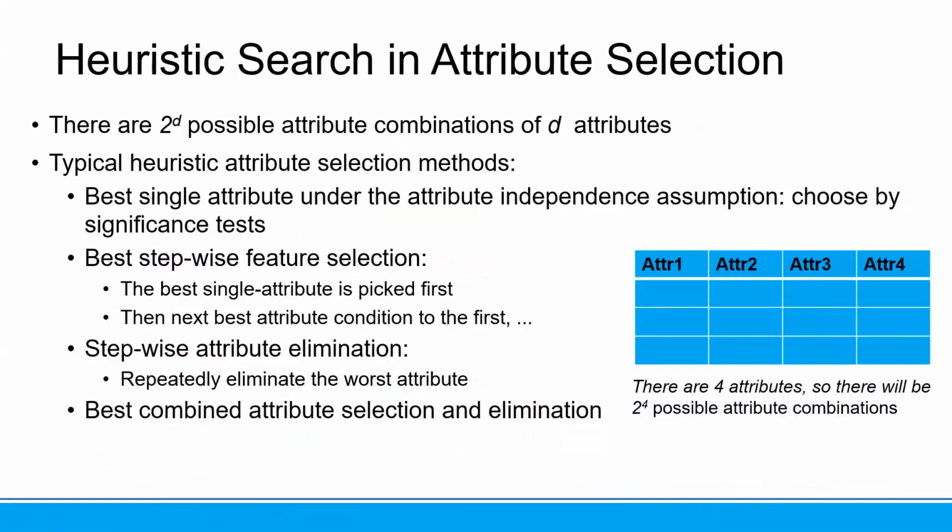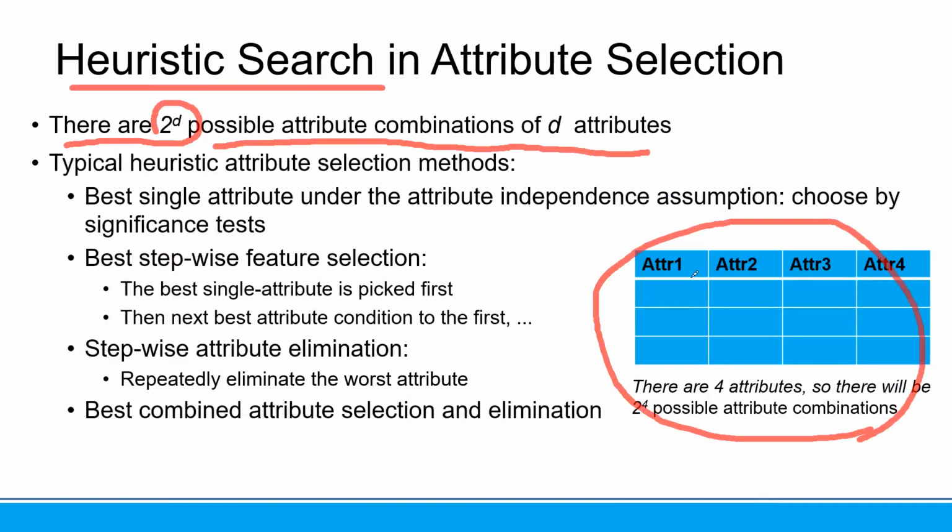We can use heuristic search. Heuristic search means we will find the combination. There are 2 power of n possible attribute combinations. Let's see this one.